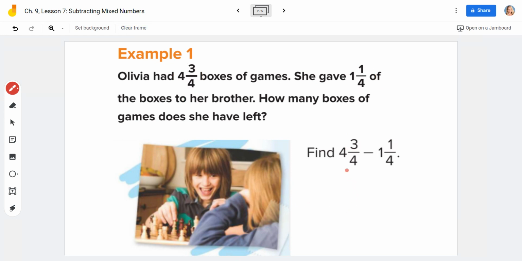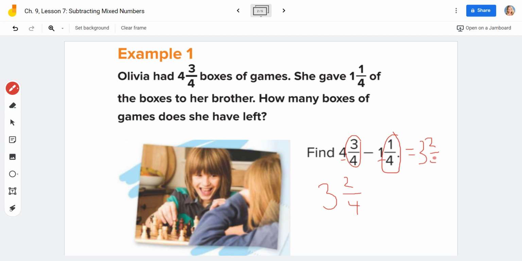So now we're going to use the associative property to subtract. We're going to kind of group these in our heads. We're going to subtract my whole numbers. 4 minus 1 is 3. And then we're going to subtract my fractions. 3/4 minus 1/4 is 2/4. So 4 3/4 minus 1 1/4 is 3 2/4.